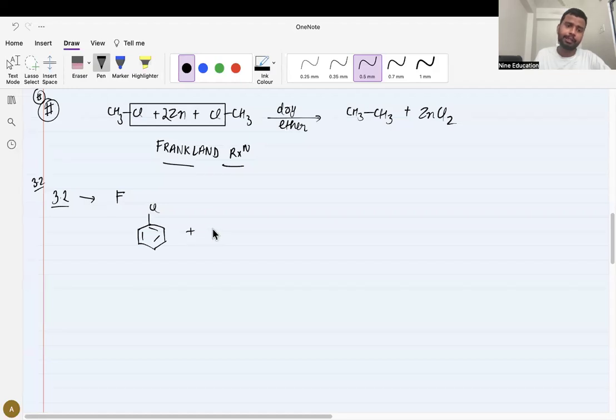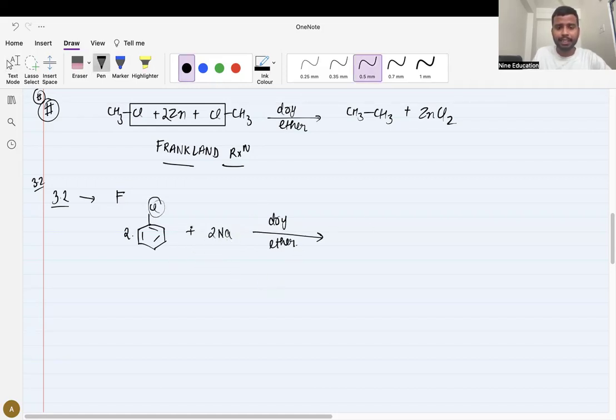Aryl halide plus I use 2 moles of sodium and I use CH3Cl. और सिंपल यही वाला आप ले लें. 2 moles of this and 2 moles of this in sodium in dry ether. If these 2 moles are used, what will happen?